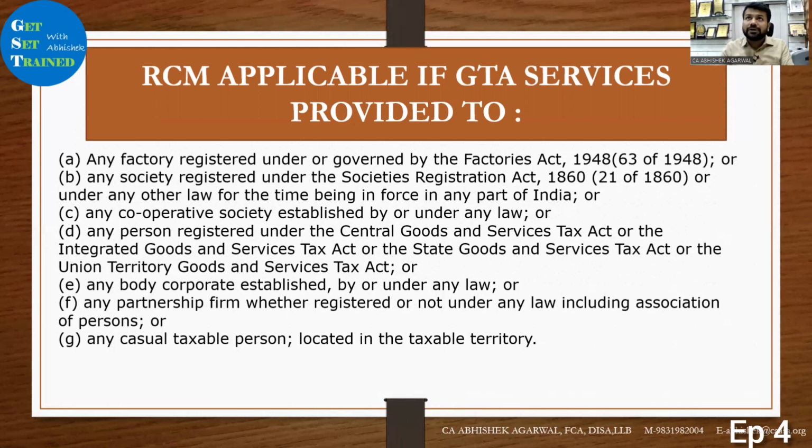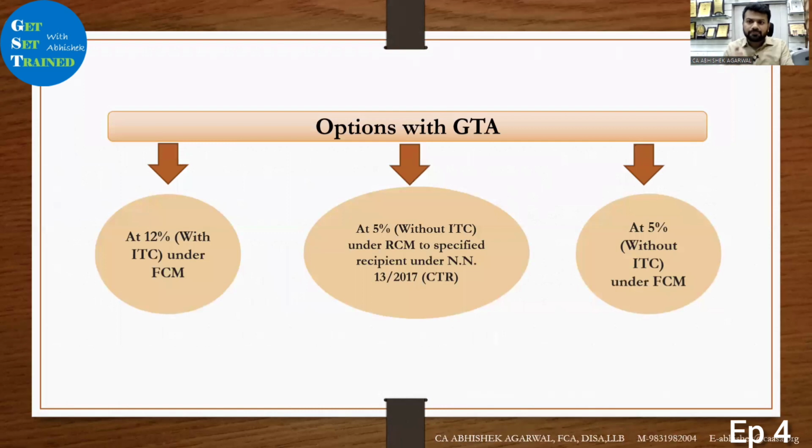But after 18 July 2022, there are three options. Number one, they can continue operating as they are operating, and the recipient will be liable to pay taxes under reverse charge mechanism. Option number two, the GTA will levy 12% GST, and they will be entitled to use ITC, which they have accumulated while procuring inputs and input services.